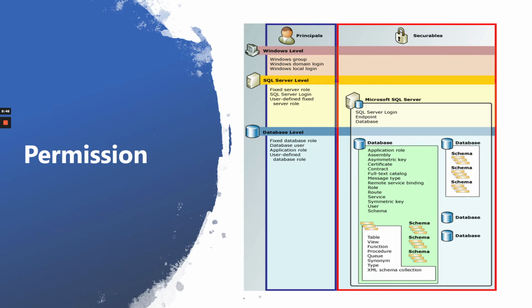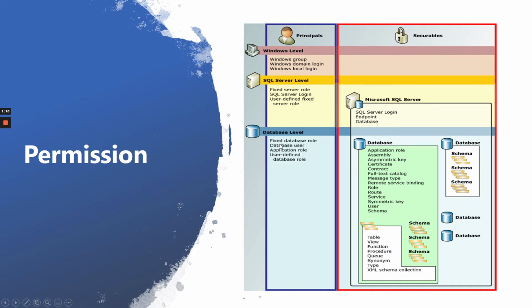So a login could be a securable, a database could be a securable, or any table or schema could be a securable. And as you can see on the screen, this is the hierarchy that I'm going to explain today. So we have SQL Server, and we can grant permissions on the SQL Server role, login, fixed server role.